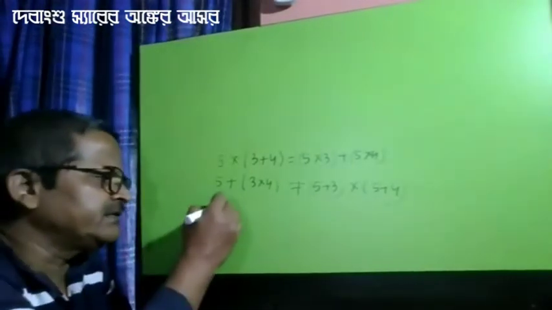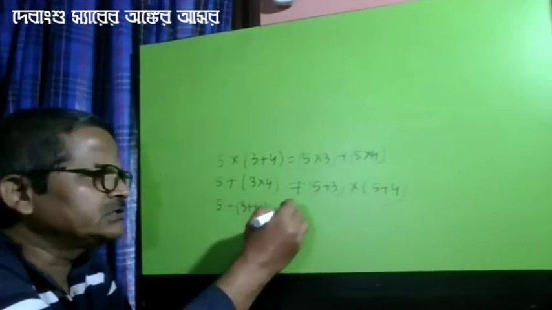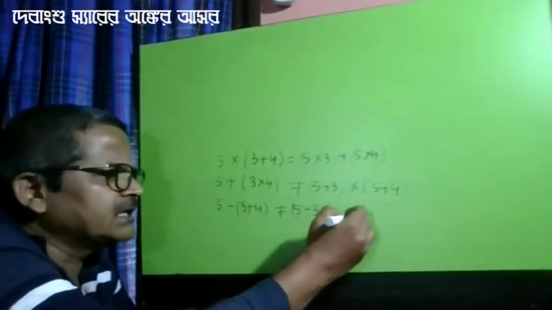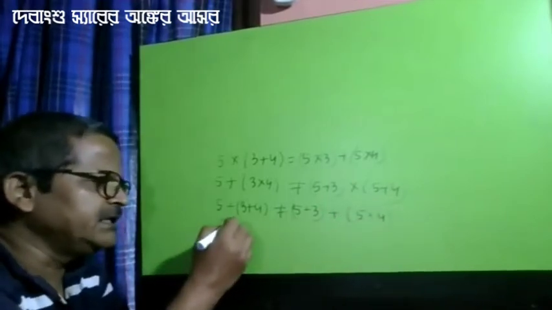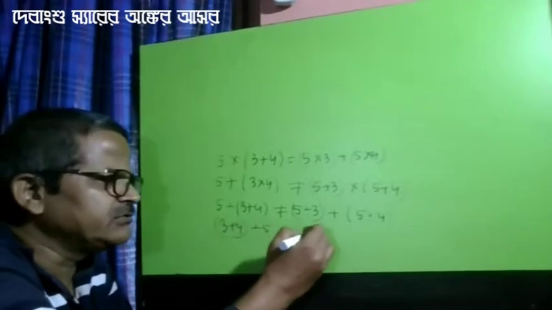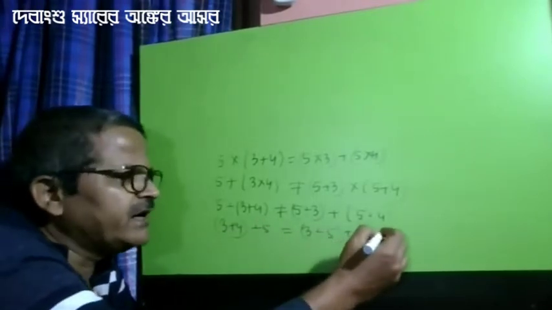Likewise, division: 5 divided by (3 plus 4) is not equal to 5 divided by 3 plus 5 divided by 4. But see, (3 plus 4) divided by 5 is equal to 3 divided by 5 plus 4 divided by 5.